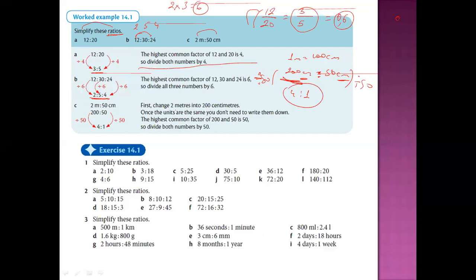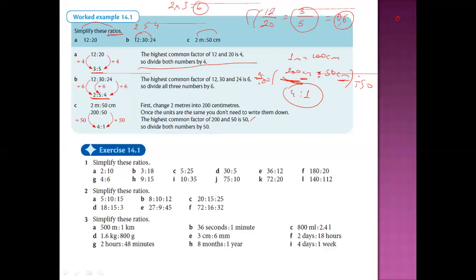First change 2 meters into 200 centimeters. Once the units are the same, you don't need to write them down. The highest common factor of 200 and 50 is 50, of course. So divide both sides by 50.